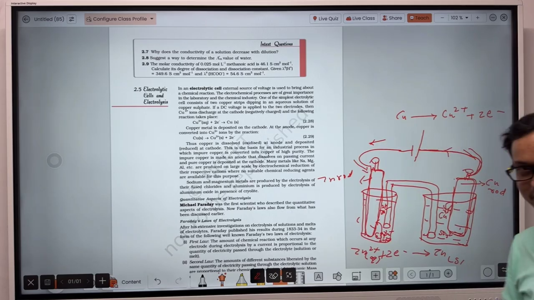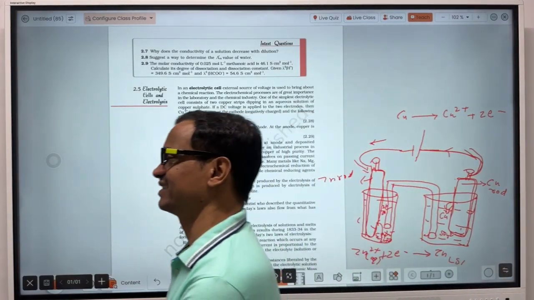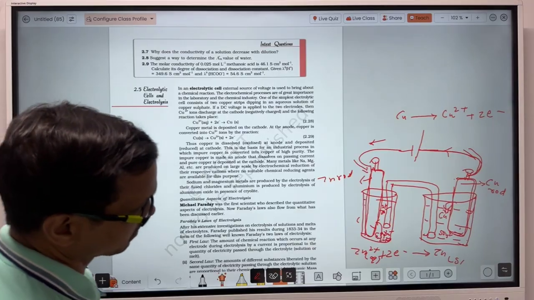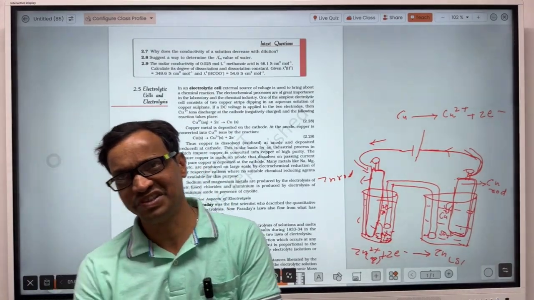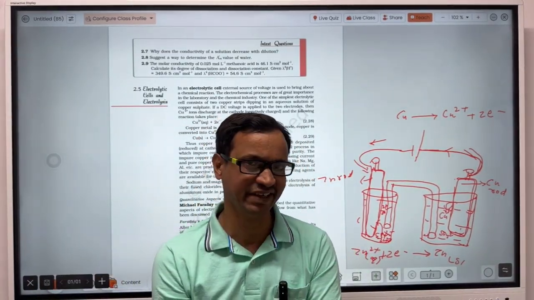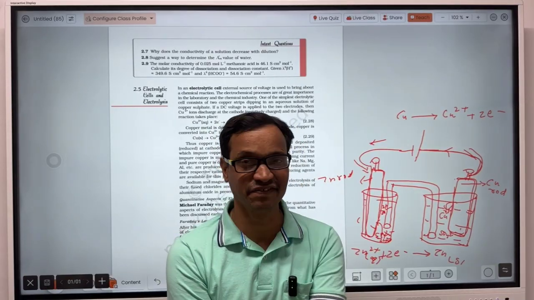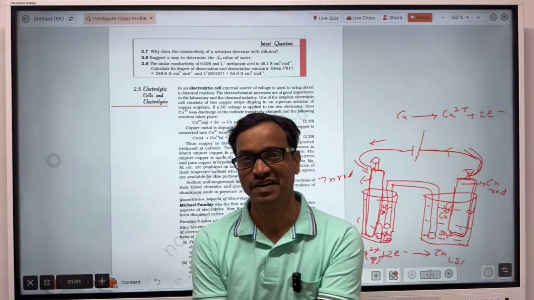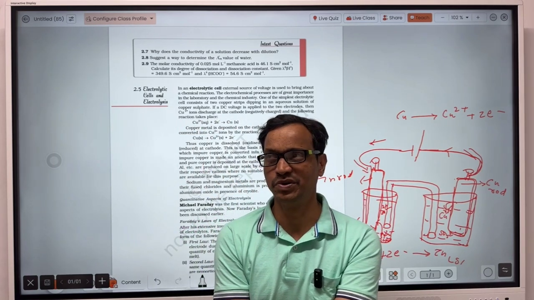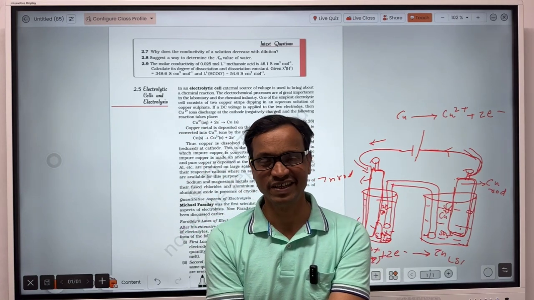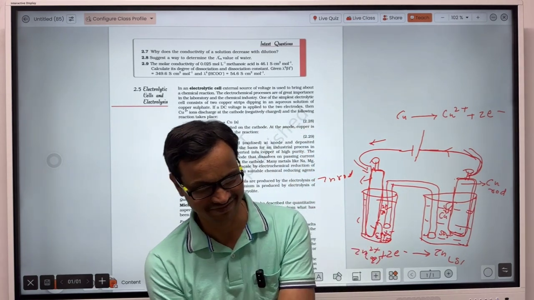Okay, so that is electrolytic cell. In case of electrolytic cell, the opposite things happen here. That means the process becomes reverse. The reverse process takes place in electrolytic cell than that of the galvanic cell.